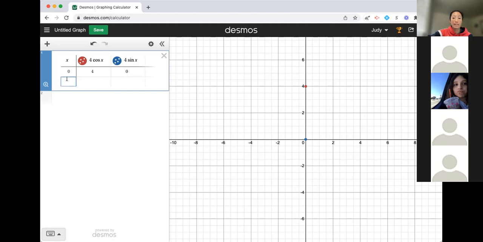So what would the next x value be that I want to see what I get for my 4 cosine x and what I get for my 4 sine x?